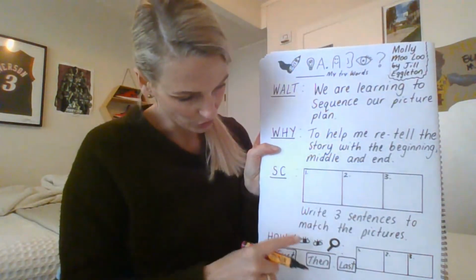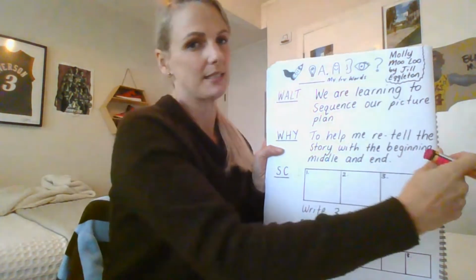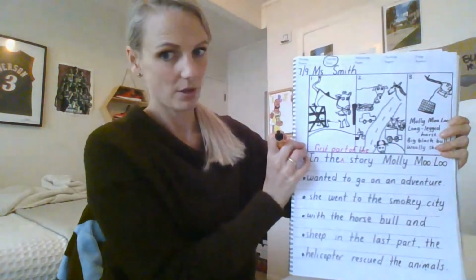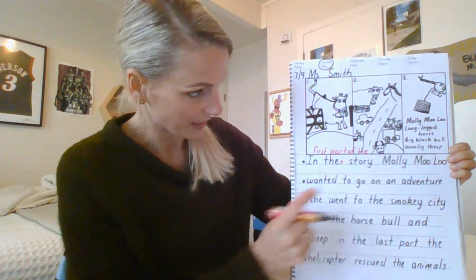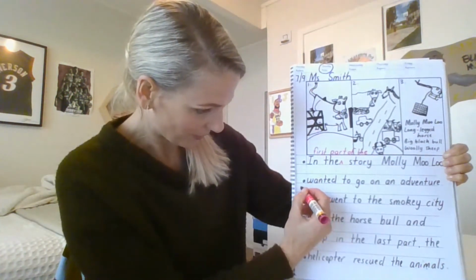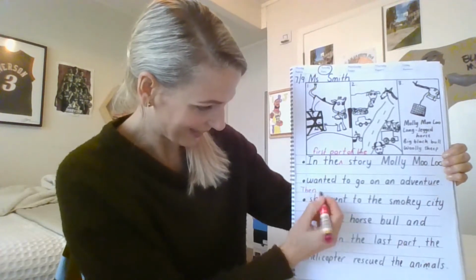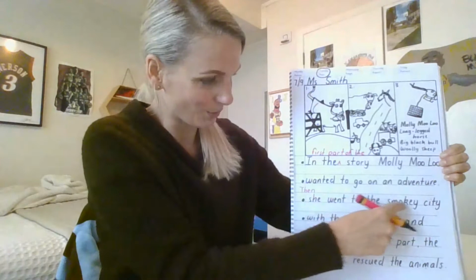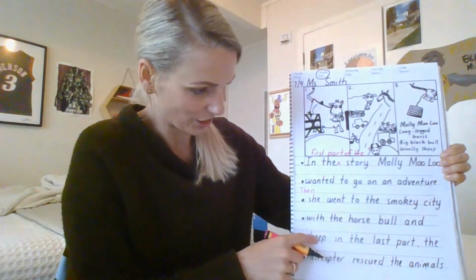I needed to make sure I included the word then in my second sentence. Where could I have done that? I think that needed to go right at the beginning of that second sentence. So after this full stop, I needed to give a big capital T for then. Then she went to the smoky city with the horse, bull, and sheep.